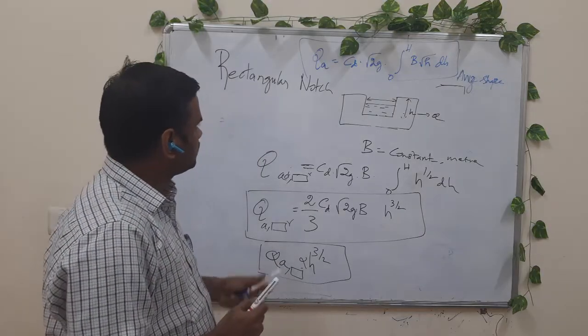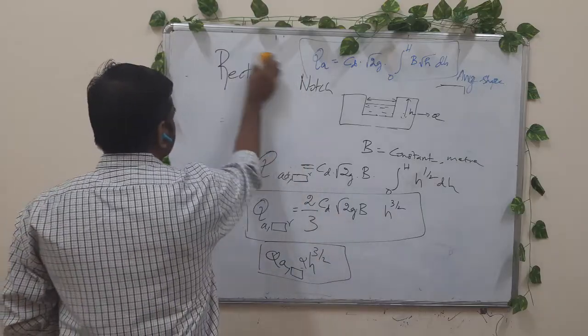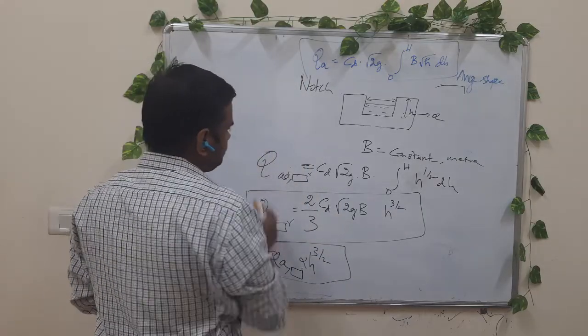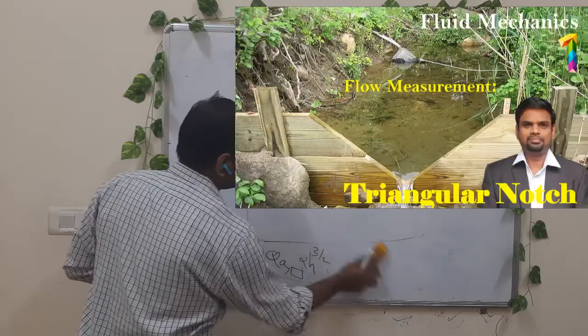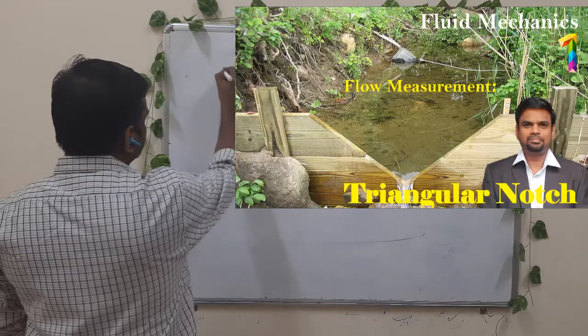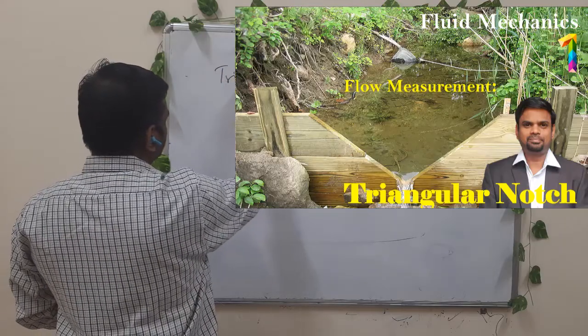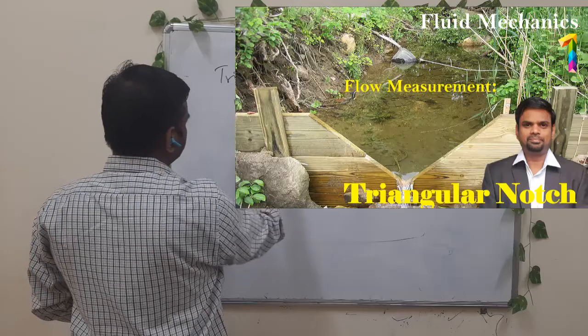Can you derive for a triangular notch now? Try for a triangular notch. You can say triangular notch or V notch.